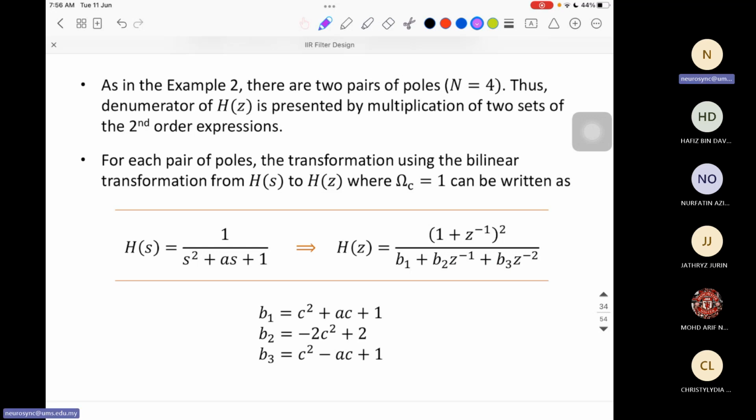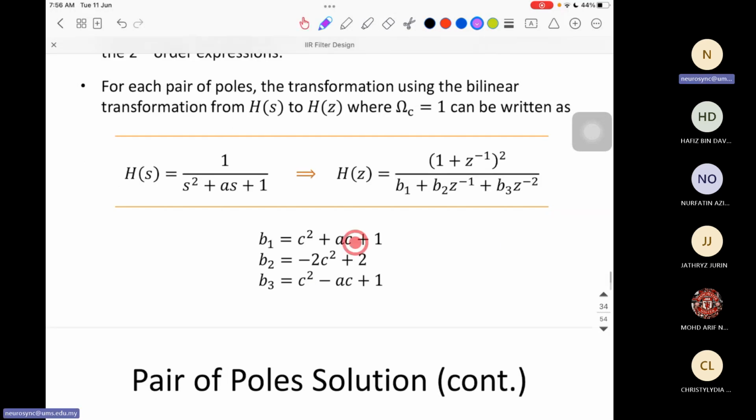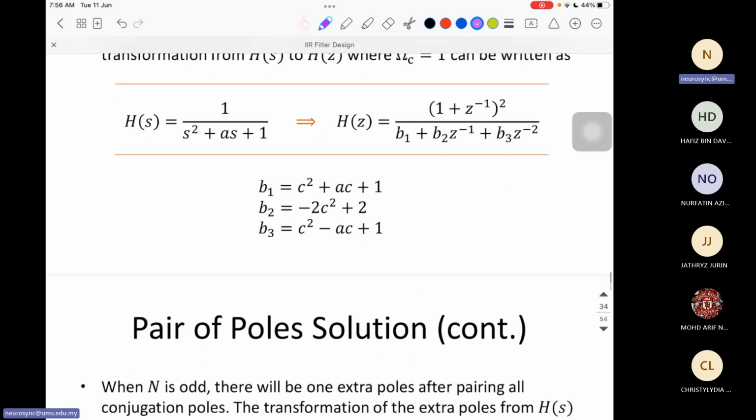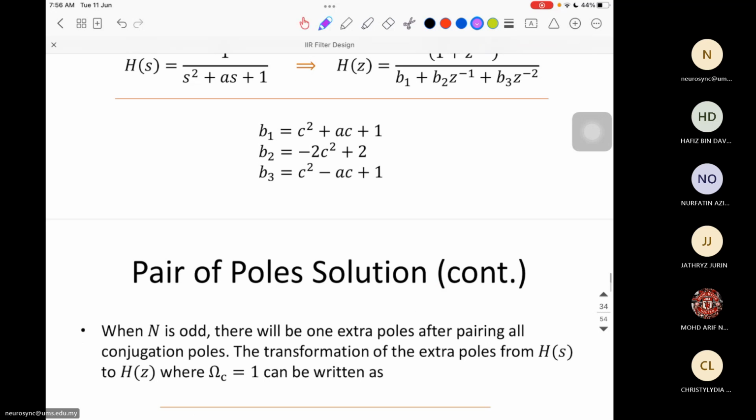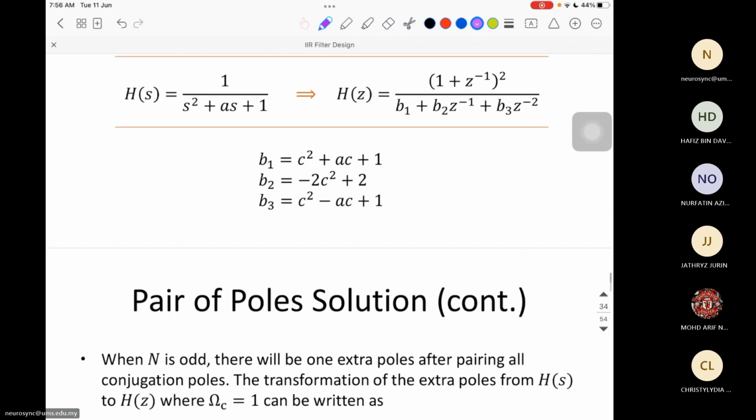Now I can find the relation by equating this. B1 equal to, I can find it. So you will get the relation for B1, B2 and B3 here in terms of A and C.